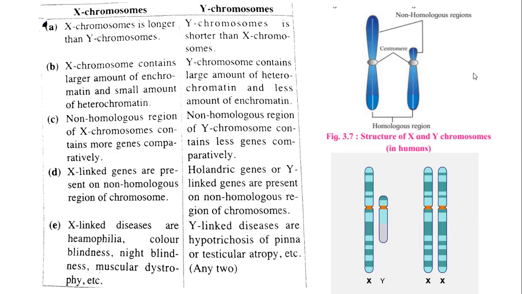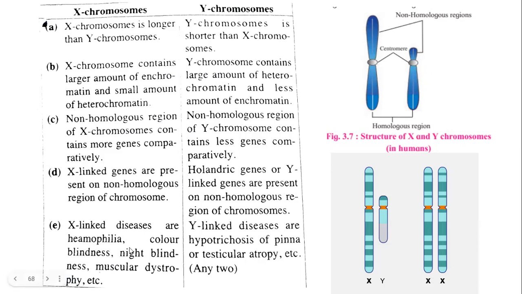Active genes, loosely arranged, loosely coiled DNA. Heterochromatin is compactly arranged DNA with inactive genes, mostly genes which are not used on a regular basis. The non-homologous region of X has more genes as compared to Y. Y has very few genes.